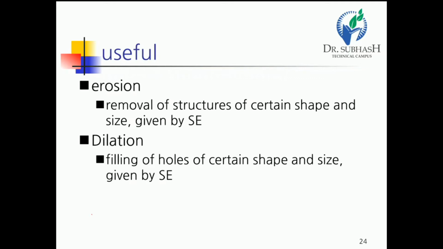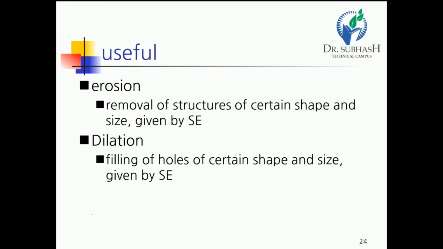One process is the removal of certain shapes and sizes, known as erosion, and dilation is the filling of holes of certain shape and size, and in both cases it depends on the structuring element, right? So both processes are reverse.